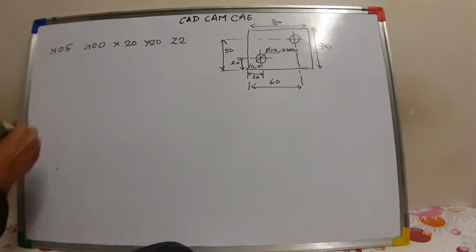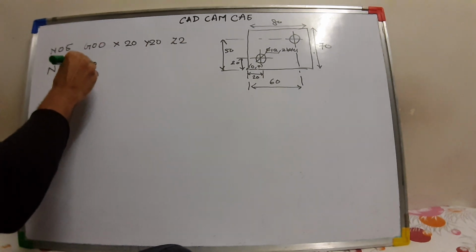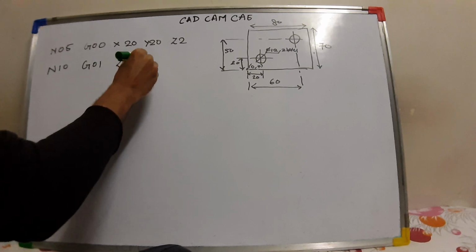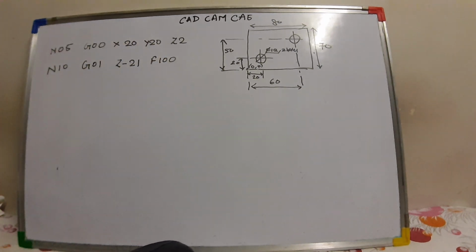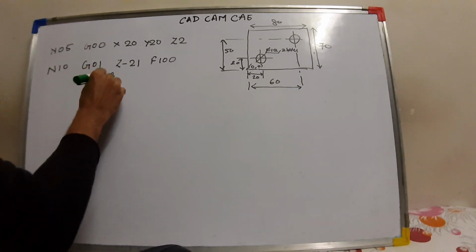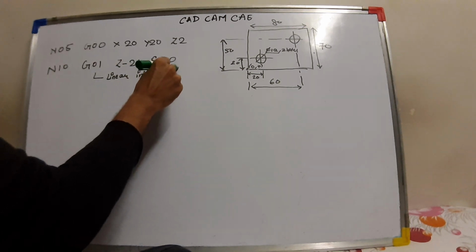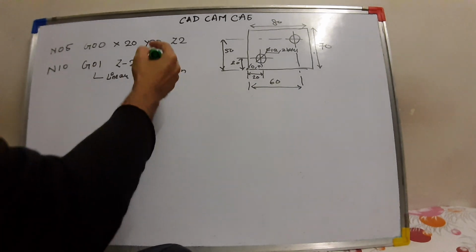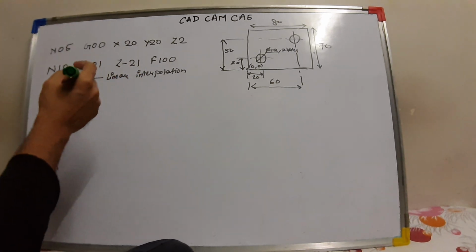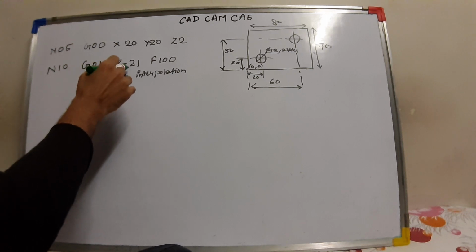Okay, so now next line is N10 G01 Z minus 21 F100. So guys, what is the meaning of G01? G01 is linear interpolation. So once your tool is at x20 y20, okay, so here we are giving a command of linear interpolation, that is G01, okay, at Z minus 21.